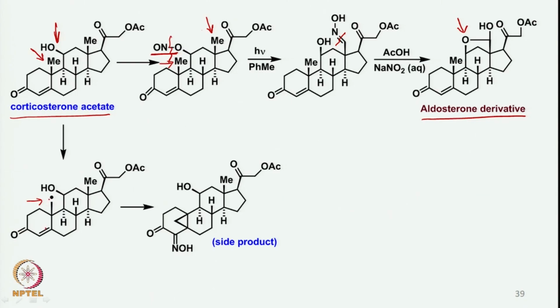Interestingly, that can undergo attachment to this carbon, and this can move to this carbon, forming a 3 member cyclopropane ring and a radical on this carbon. So basically you have a radical that is going to form on this particular part, and then you have a 3 member ring which is like this.